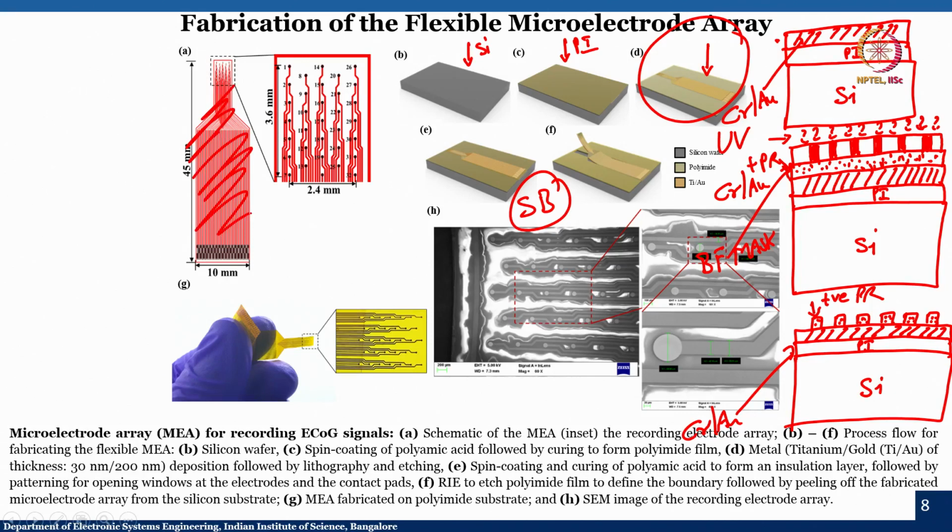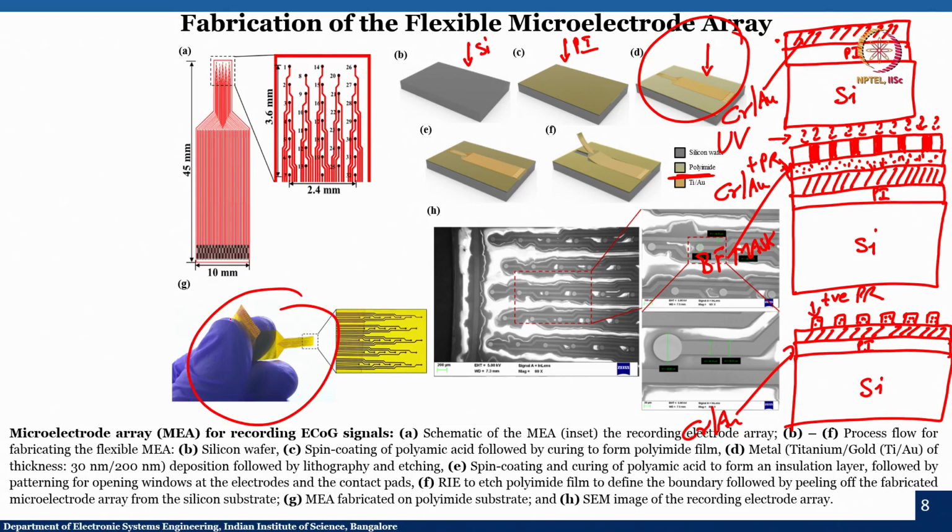Once that is done, you can release the device, because it is a polyamide and you can easily pull that off after cutting it from the substrate. So, how does the device look?